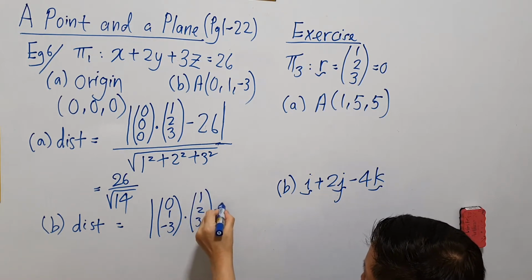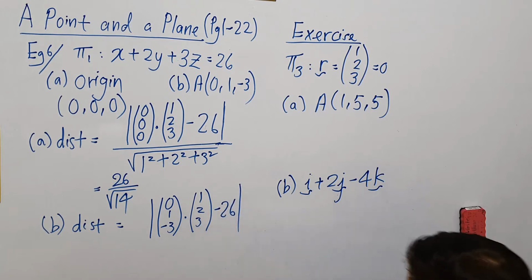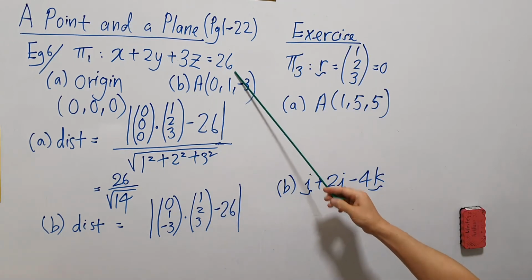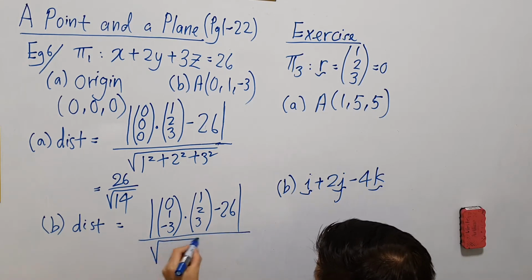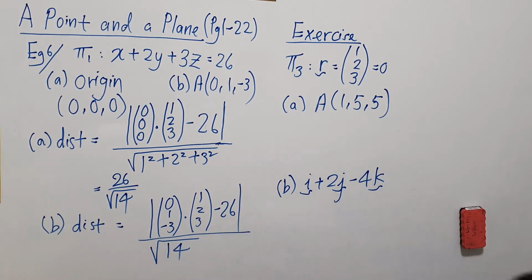And then again, you minus the number on the right, this number. And then what do you divide by? The magnitude of the vector n.